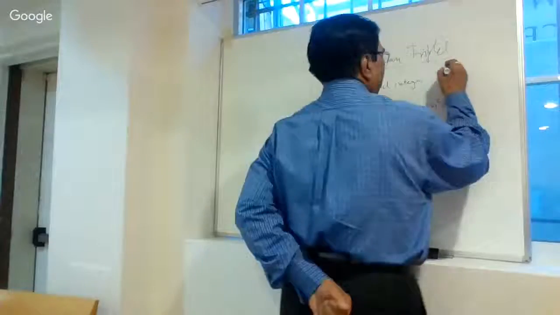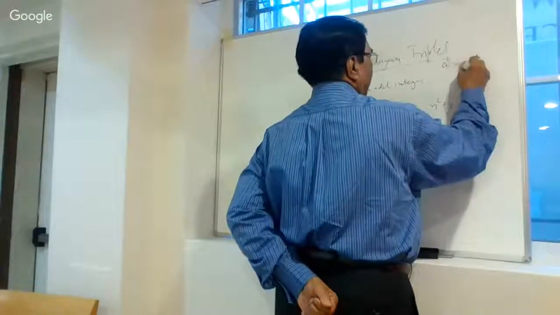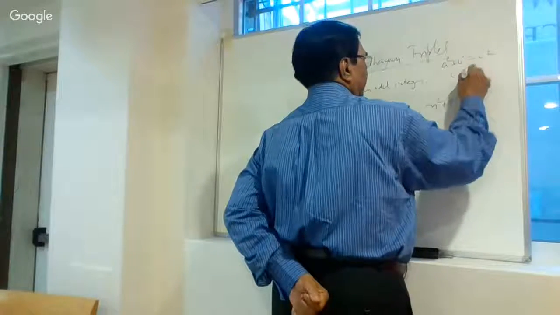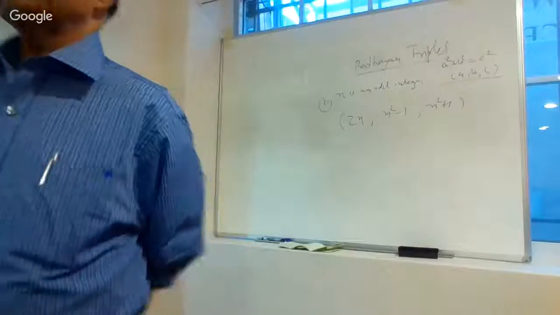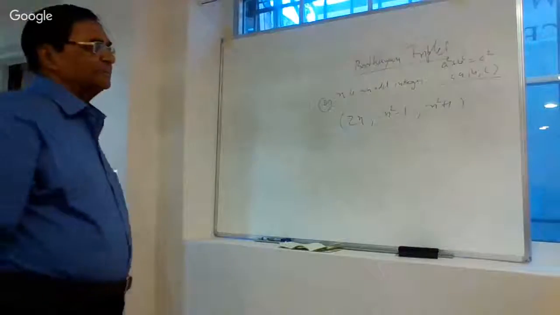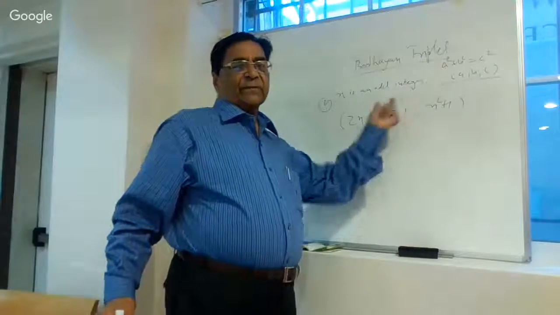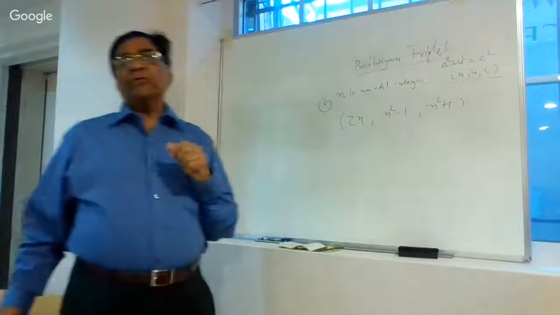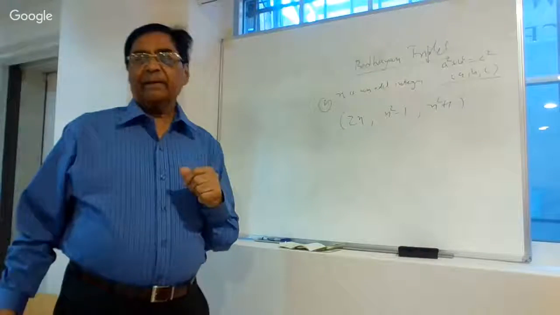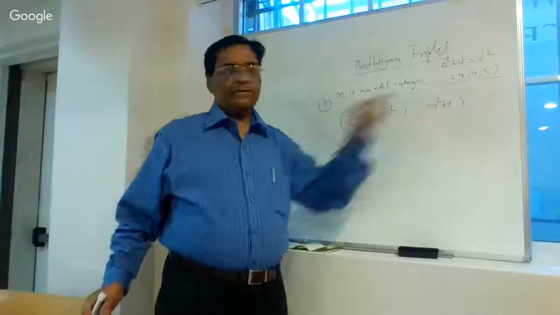Do you remember how a Pythagorean triplet is defined? If a square plus b square is equal to c square, then a, b, c is a Pythagorean triplet. You can see n square minus 1 squared plus 2n squared is n to the fourth minus 2n square plus 1, plus 4n square, very easily written.